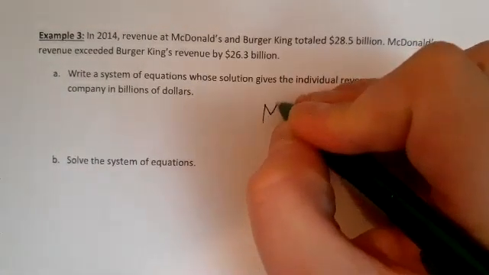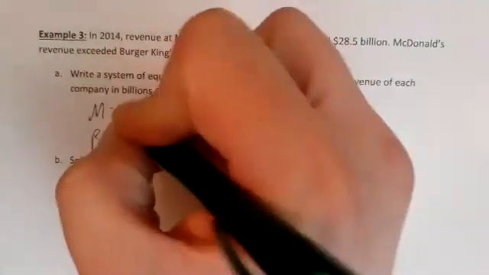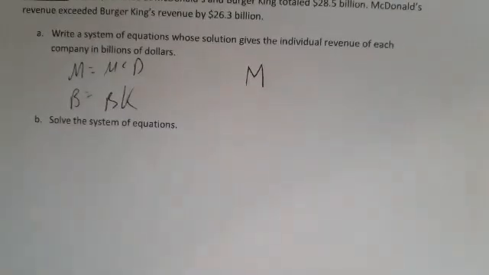And so I'm going to be a little lazy. I really should just define things. I really should put the whole thing. But M is McDonald's, B is Burger King. I should define my variables first. And I know it seems like a little nitpicking thing, but define your variables. I know I'm being lazy, but don't be lazy.